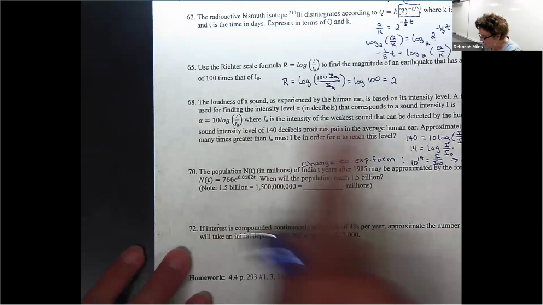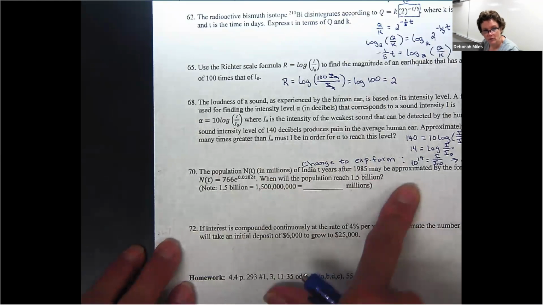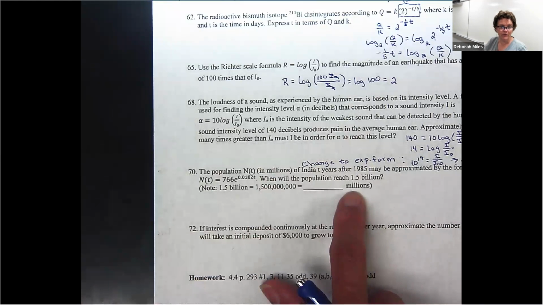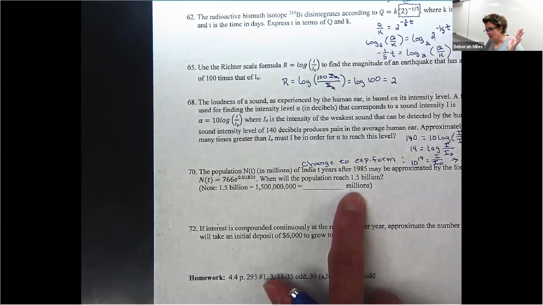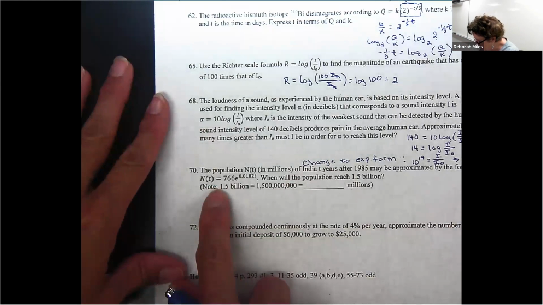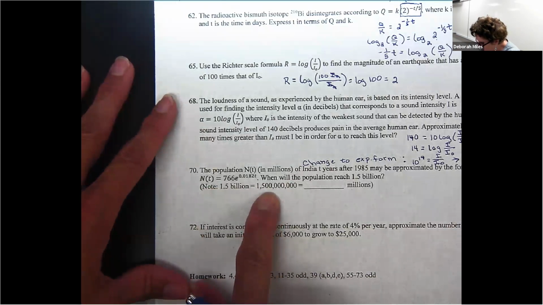Well, I don't want to keep up with all of those zeros in 1.5 billion. I just want to know how many millions 1.5 billion is, and then I'll keep up with the word million in my answer. Let's see, 1.5 billion is 1,500,000,000.